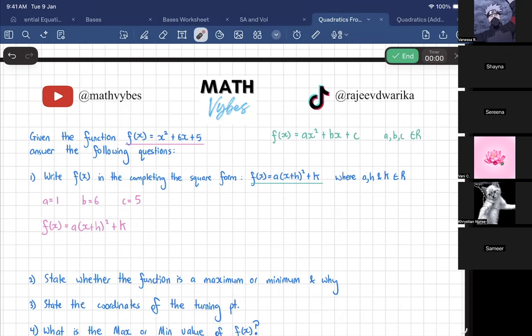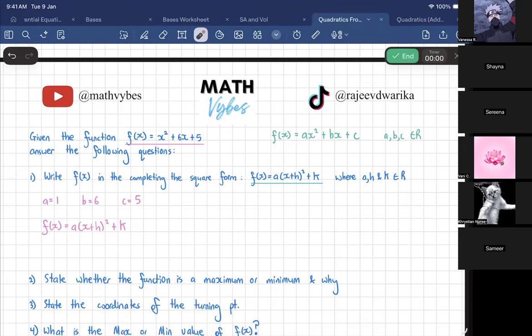So the other two things you need to find are H and K. I said this kind of badly: A is not an unknown, it's 1. X is a variable; you input different values for X to get the Y value, f of X. So there are two other unknowns, H and K, and we need to find them.